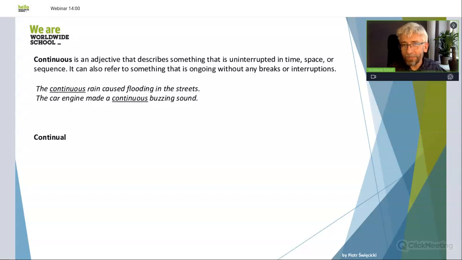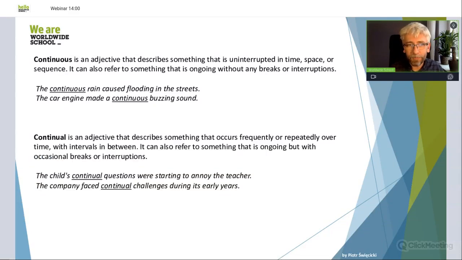What about continual? Continual is an adjective that describes something that occurs frequently or repeatedly over time with intervals. It can also refer to something that is ongoing, but with occasional breaks or interruptions. Aha. So you see, English is more precise because in Polish, well, we say, let me look, ciągłe and ciągłe, ustawiczne.